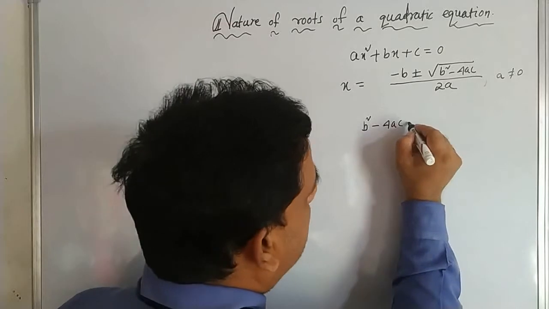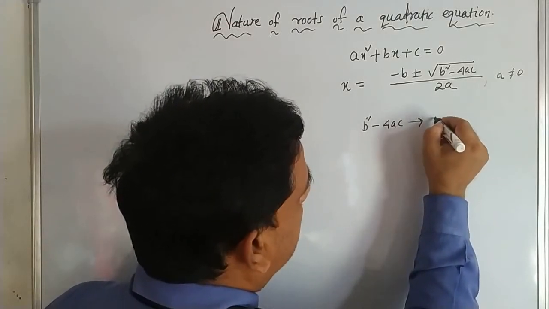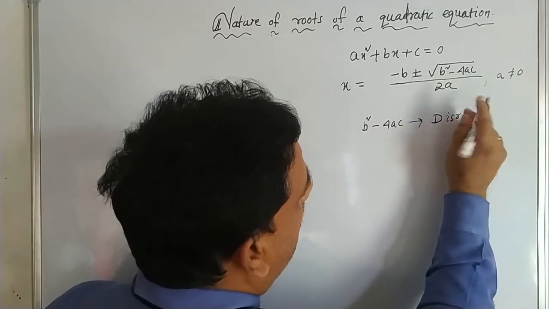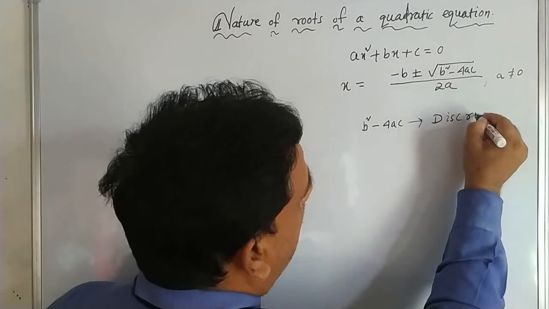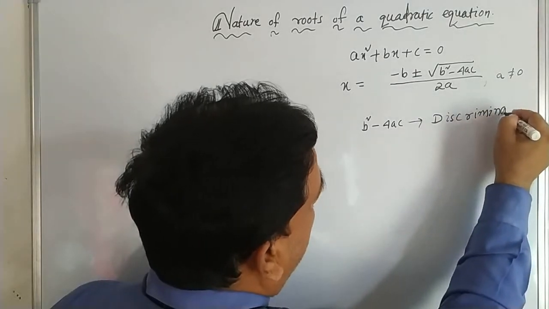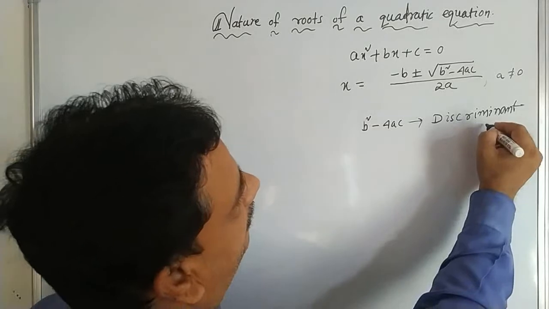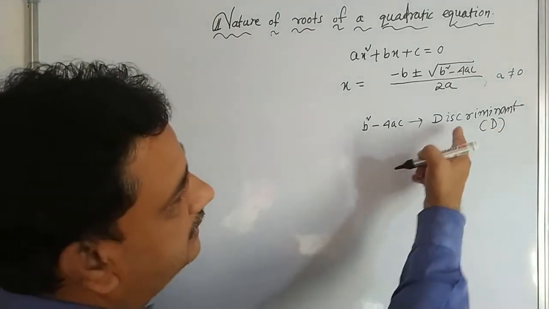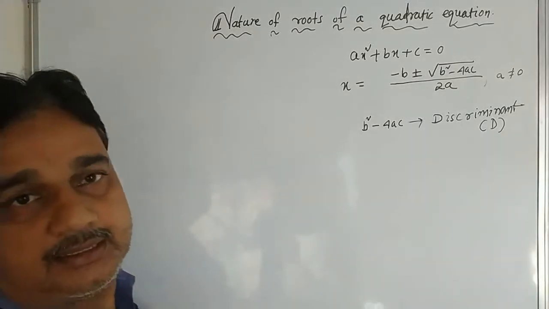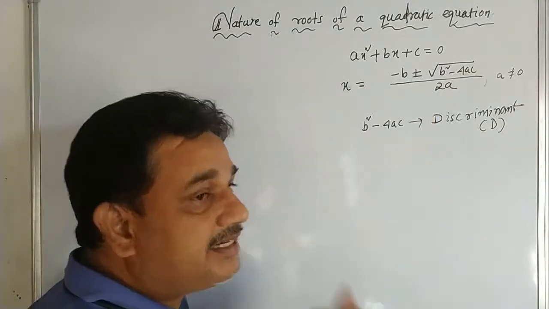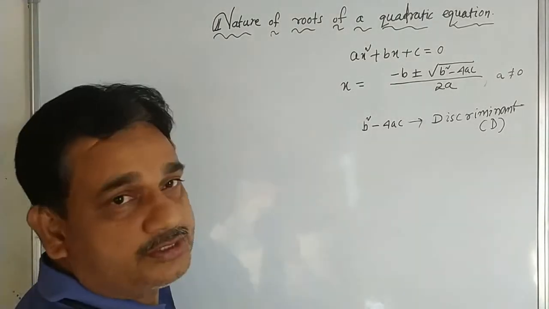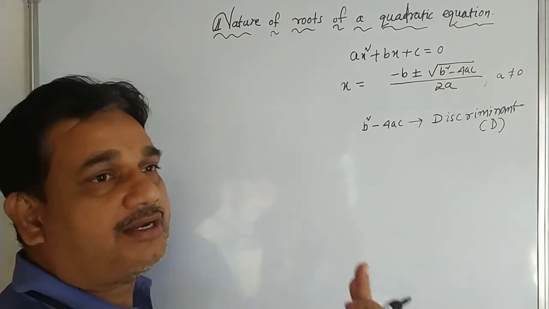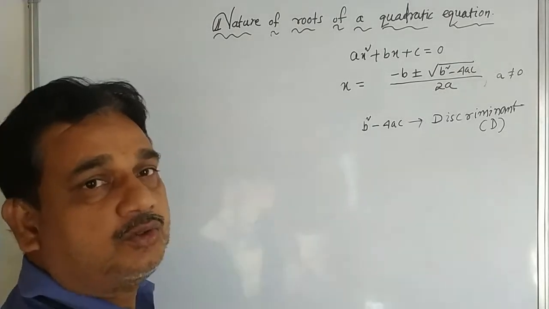Since it discriminates the nature of the roots, b square minus 4ac is called the discriminant, D. Discriminates the roots means you are getting two roots, so what is the nature of those two roots?